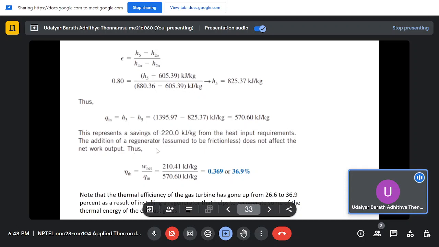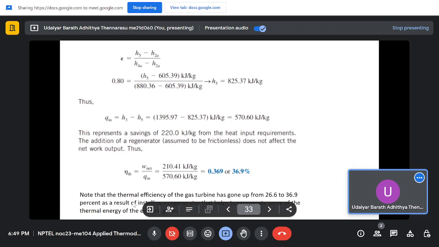So this addition of the regenerator is not affecting the work output, so the work output will remain the same. Previously the net work output was 210.41 kilojoule per kg, so that will remain the same in this case as well, but there is a reduction in heat input, so it will be 570.60 kilojoule per kg this time. So the net thermal efficiency is 210.41 divided by 570.6. So now it is 36.9%.